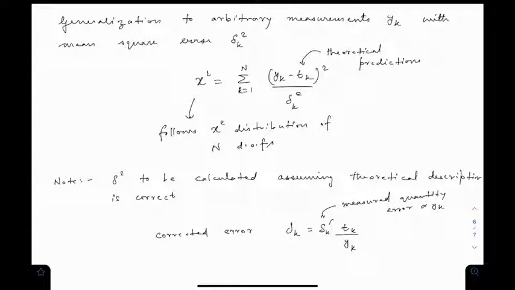Sometimes extremely small values of chi-square are presented. The reason is, in most cases, an overestimation of the errors.